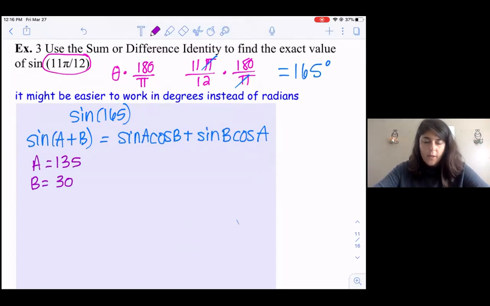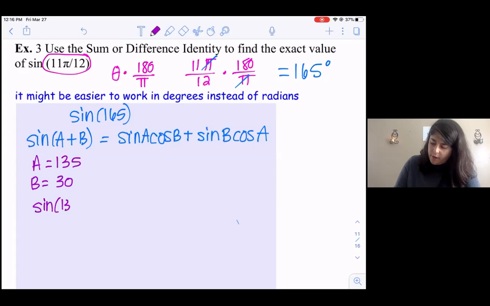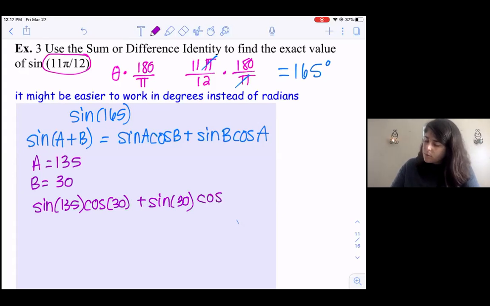There might be others, and that's fine. You're going to get the same answer either way, but these are the ones I picked. So I'm just going to plug everything in. Sine of 135 times the cosine of 30 plus sine of 30 times the cosine of 135.